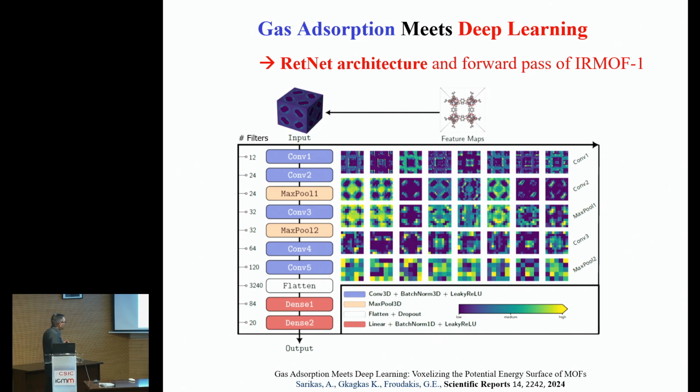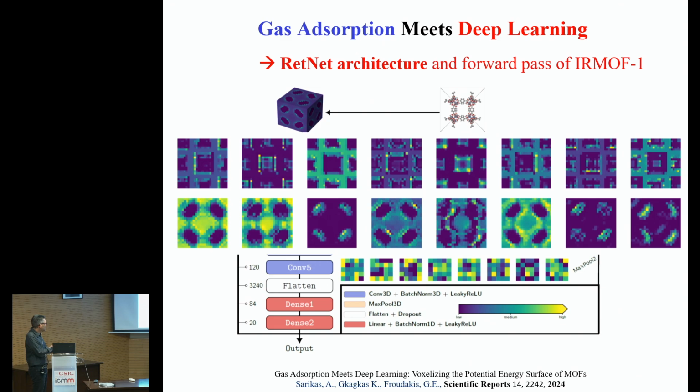And if we try to look inside the computer at how this procedure is working, we start from IRMOF-1, and this is a picture. So this is how the algorithm is going, and these are two-dimensional pictures of these three-dimensional objects in order to see how the procedure is going.